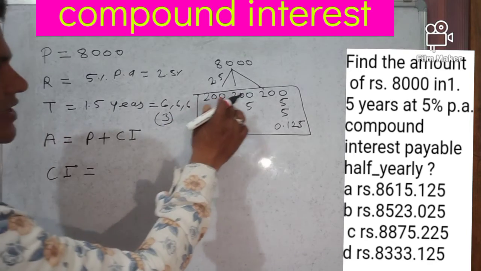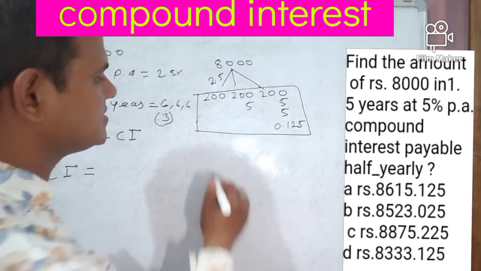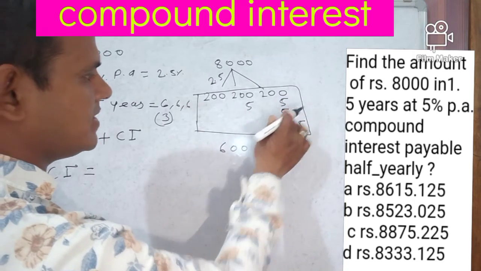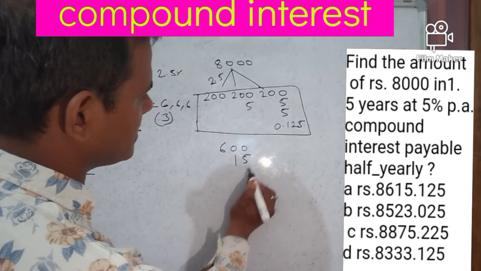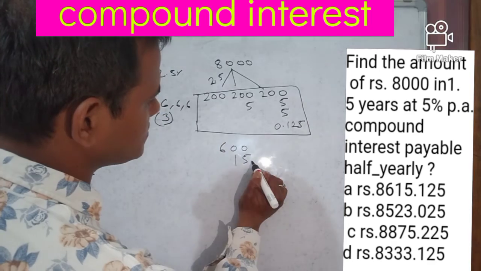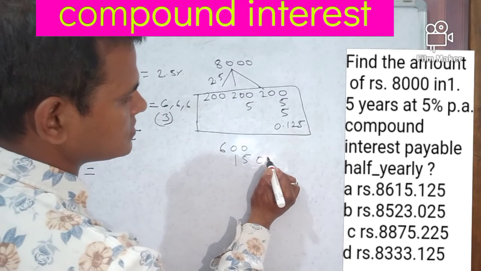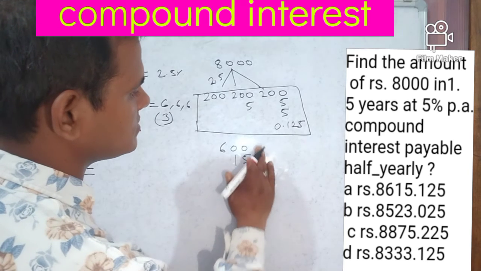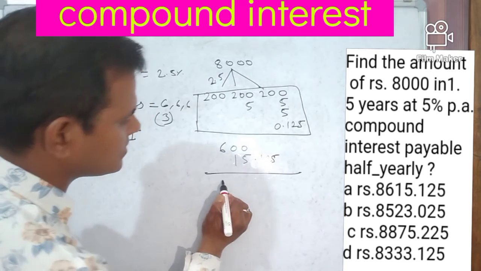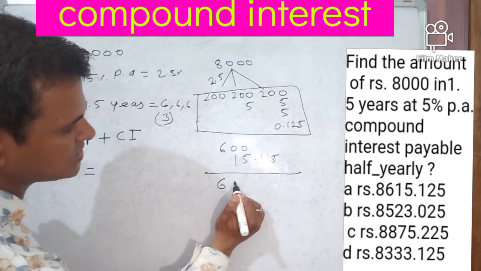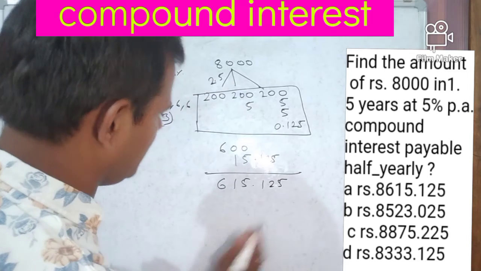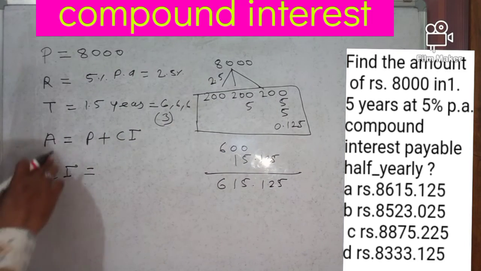So 200 and 200 and 200 is 600, right? 5 plus 5 plus 5 is 15 and 0.125, so add it, it is 615.125.